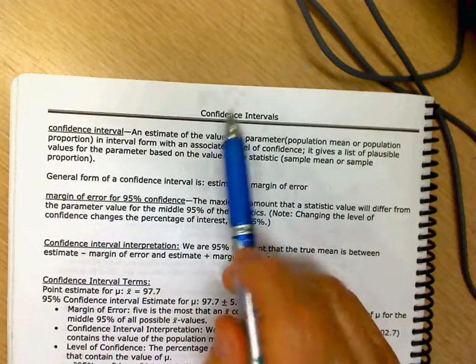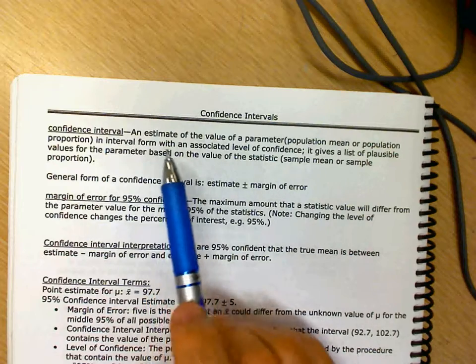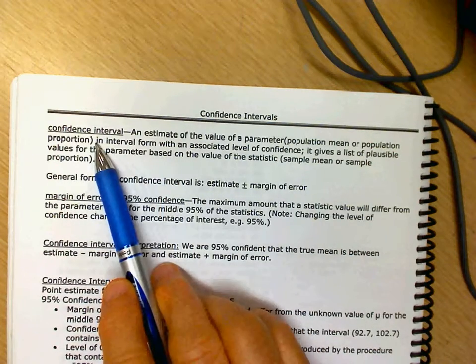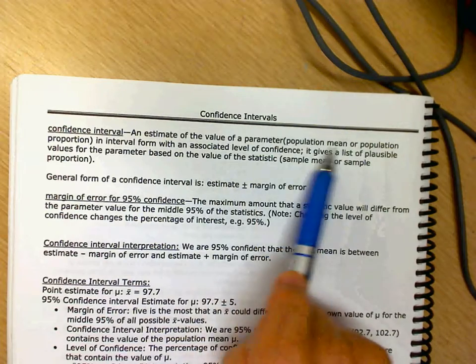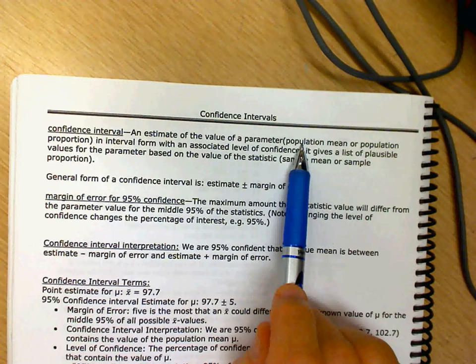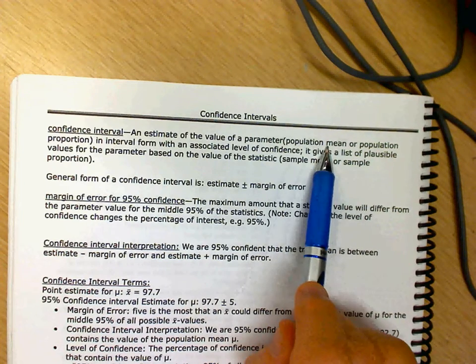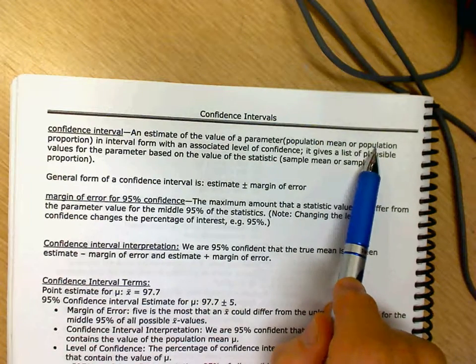Okay, so now we're into confidence intervals. So, what is a confidence interval? It's an estimate of the value of the population mean or population proportion. You're going to do two types of confidence intervals in this unit, one for population mean and one for population proportion.